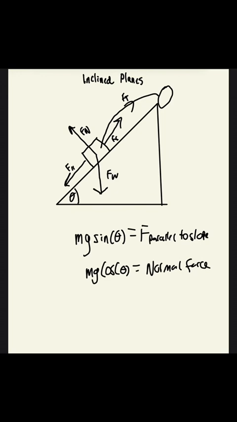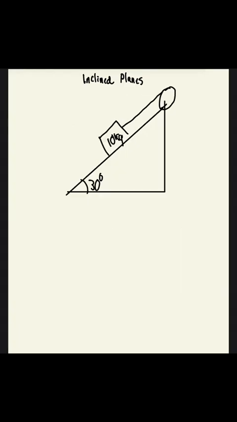Okay, let's go through an example now. The question is, there is a 10 kg box that sits stationary on a 30 degree slope that is held by a rope.